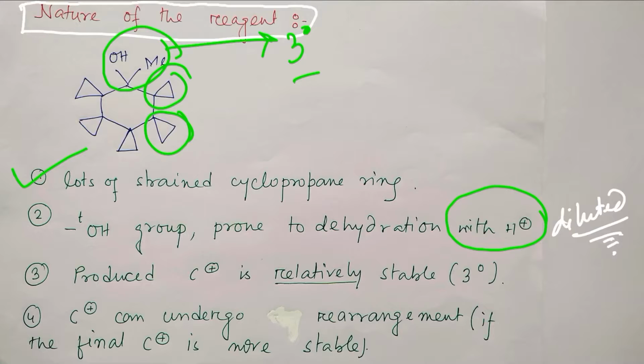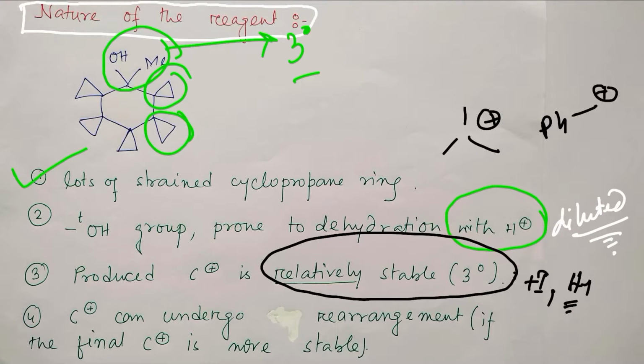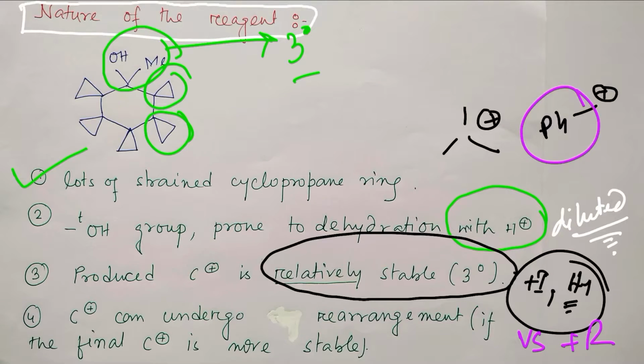It can produce a tertiary carbocation which is relatively stable, and tertiary carbocations are stable because of +I and hyperconjugation. And I have uploaded a dedicated lecture based on the comparison of stability between a tertiary carbocation versus a benzylic carbocation, means the +I and hyperconjugation versus the +R effect produced from the phenyl ring.